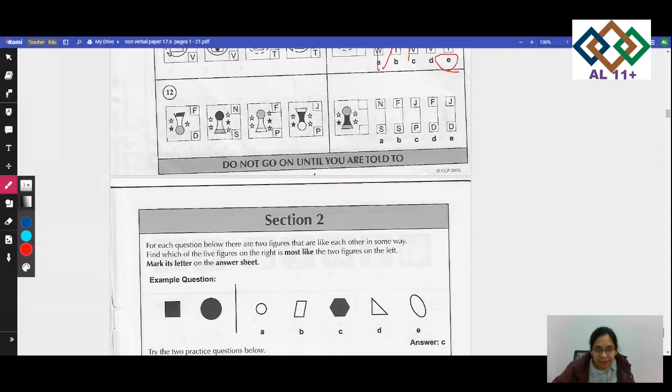F has this. And what do I need? I need a circle which is not shaded like this. If I look at this one, can you see it? Here and here also.